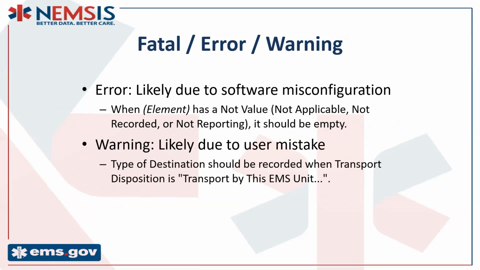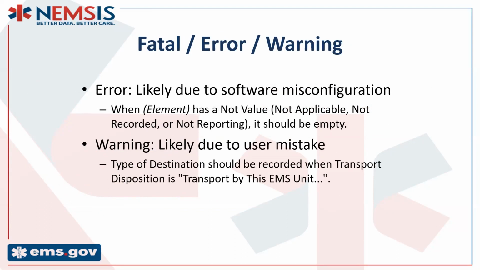There we go. So the previous philosophy was, hey, if it's a national element and is marked as required, then conditionally it should in fact be required. So type of destination is a national element, and certainly when you transported, then you should record type of destination because it is a national element.